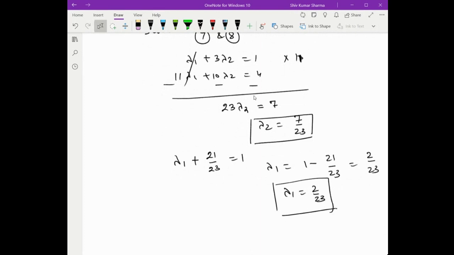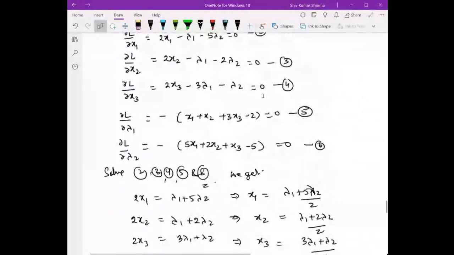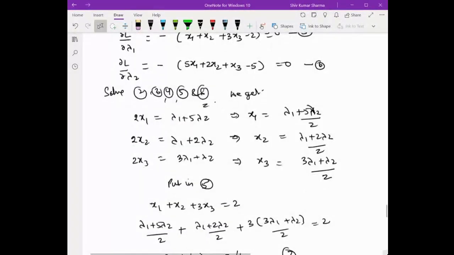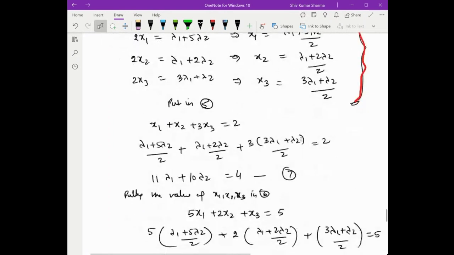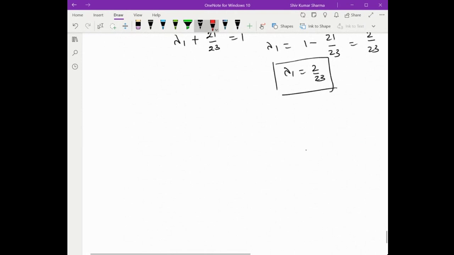So when we get the values of lambda 1 and lambda 2, now we find out the values of x1, x2, x3. So we put the values of lambda 1 and lambda 2 in here to calculate x1, x2, x3. So now x1 is equal to lambda 1 plus 5 lambda 2 upon 2. What is lambda 1?